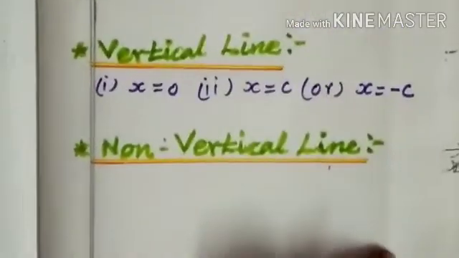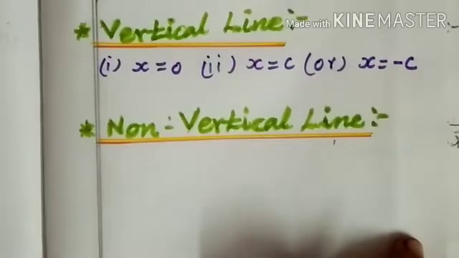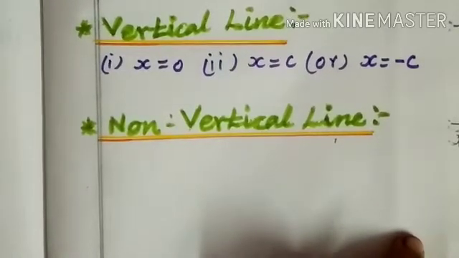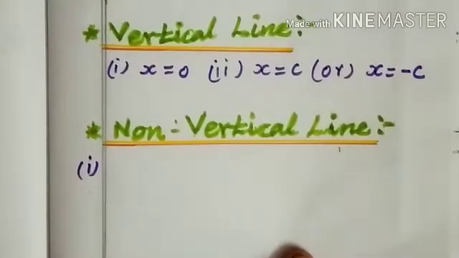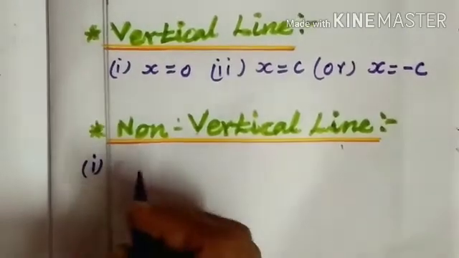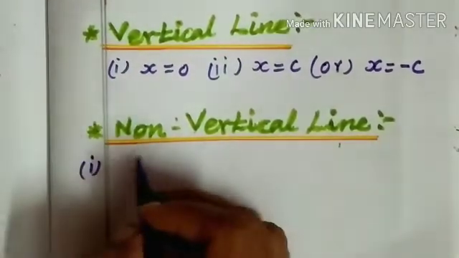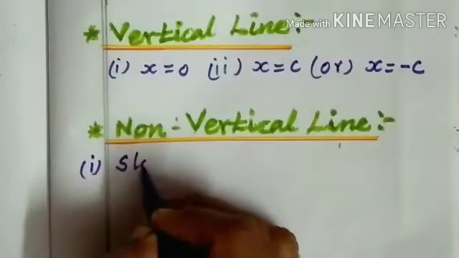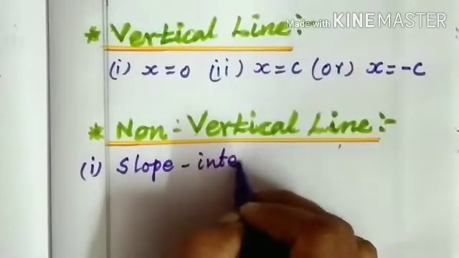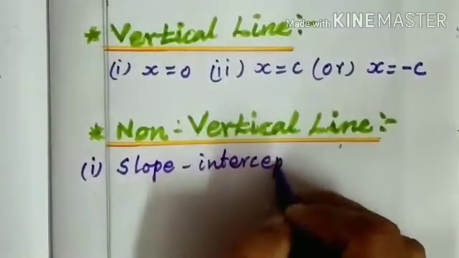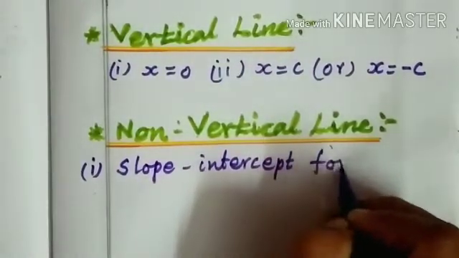Next we see the equation of a non-vertical line. It has 4 different types. If a straight line cuts the y-axis with the slope m, that is slope-intercept form.